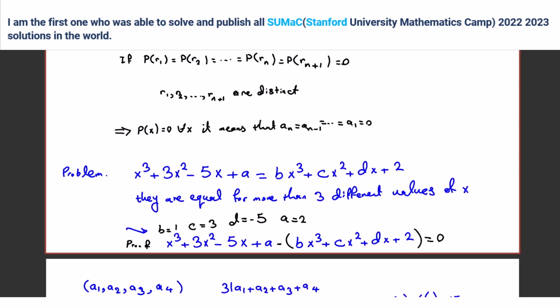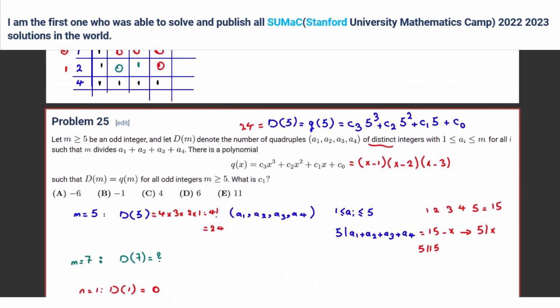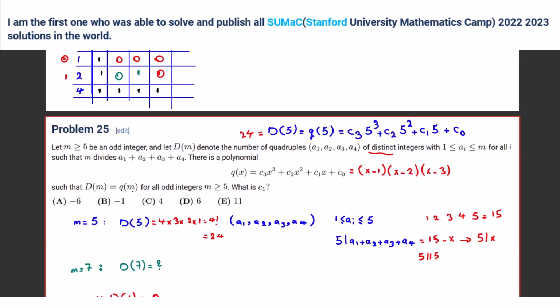Now, here we can use the same thing. It says these two are equal. When d of m is equal to q of m, so d of x is also equal to q of x for odd integers x, at least 5, right? It is only a variable.